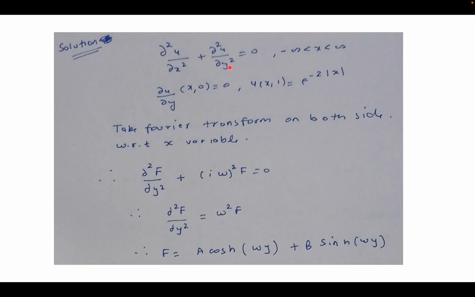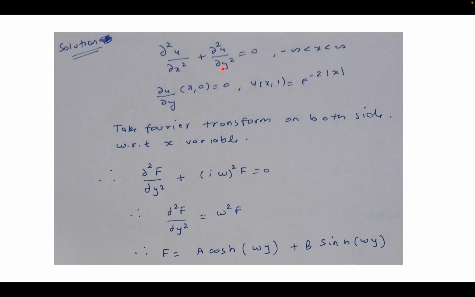As you are not choosing y as your Fourier transform variable, this will be del square f by del y square, where f is nothing but the Fourier transform of the function u(x,y). Okay, now here as you are choosing your variable as x, you need to use the derivative property of the Fourier transform. So the double derivative property of the Fourier transform can be written as plus (iota omega) square times f is equal to 0.